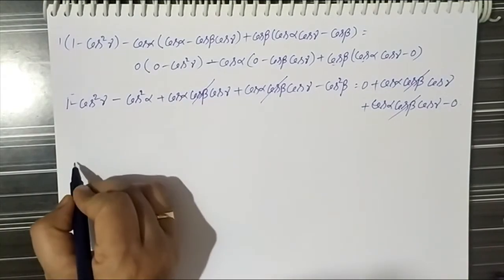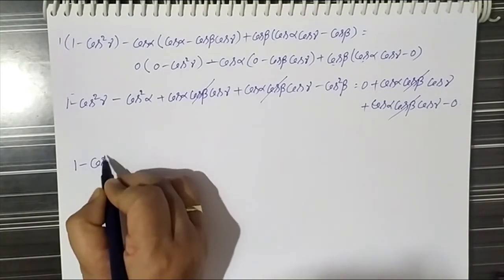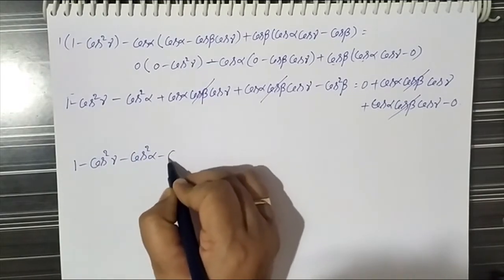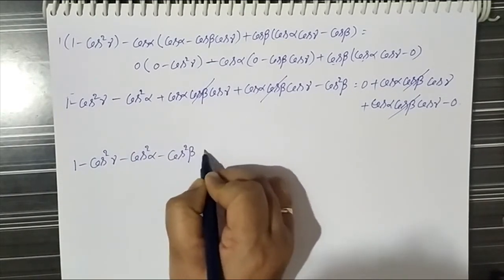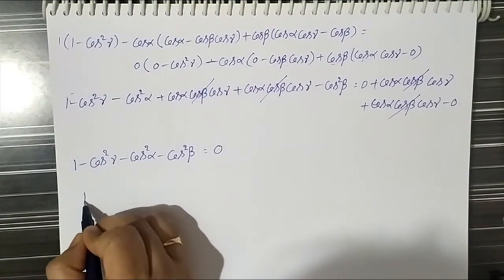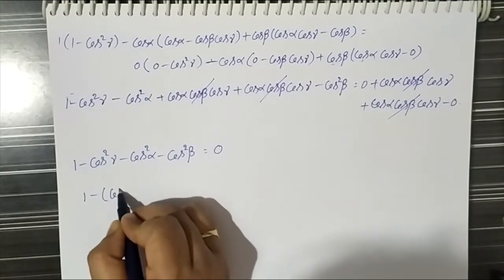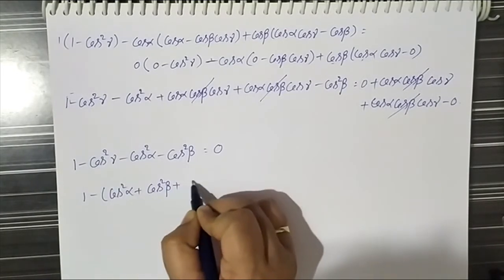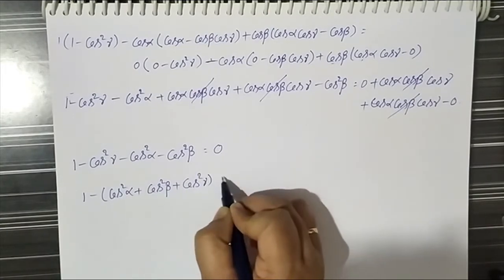Then the remaining value is 1 minus cos square gamma minus cos square alpha minus cos square beta equals 0. From this, 1 minus (cos square alpha plus cos square beta plus cos square gamma) equals 0.